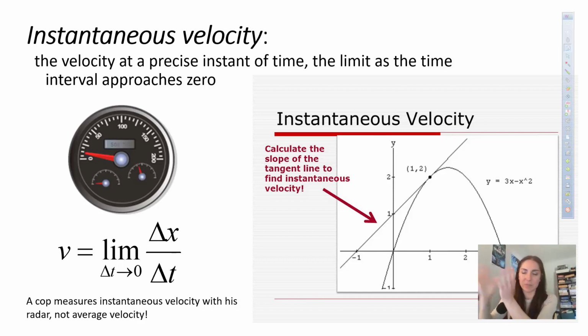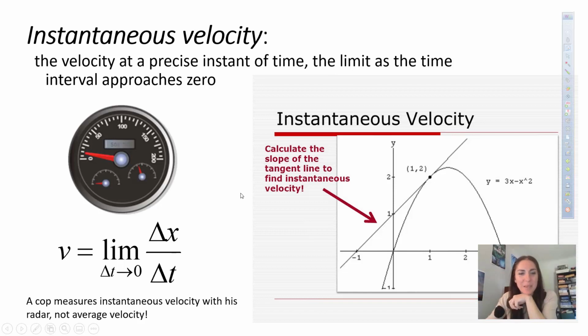Got the instantaneous velocity, right? But maybe the whole time I wasn't speeding. So that's instantaneous velocity when that cop gets you, as they should, by the way. And I deserved it both times. I was going very fast. But it was like 5 a.m. Nobody was on the road, and that was fun. Oh, gosh. Got 2 tickets. Those are the only 2 tickets in my life I've ever gotten. So I guess that's pretty good, right?